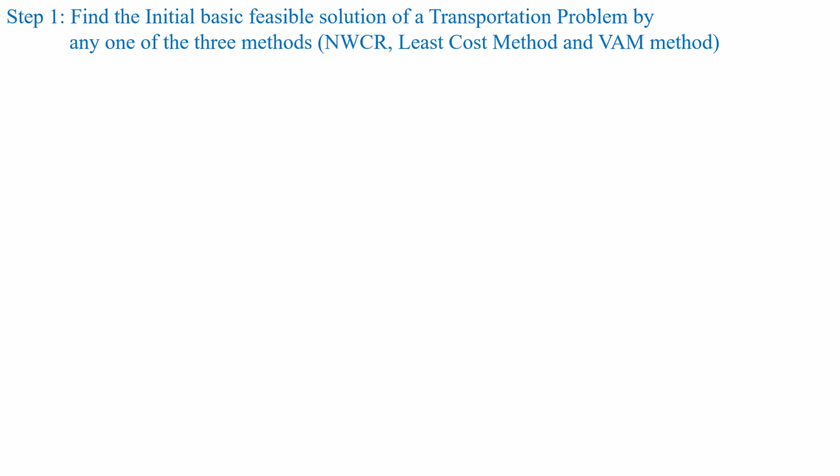The first step is to find the initial basic feasible solution of a transportation problem by any of the three methods, that is the northwest corner rule, least cost method and VAM method. In this problem, we have to find the initial basic feasible solution by applying the northwest corner rule method.